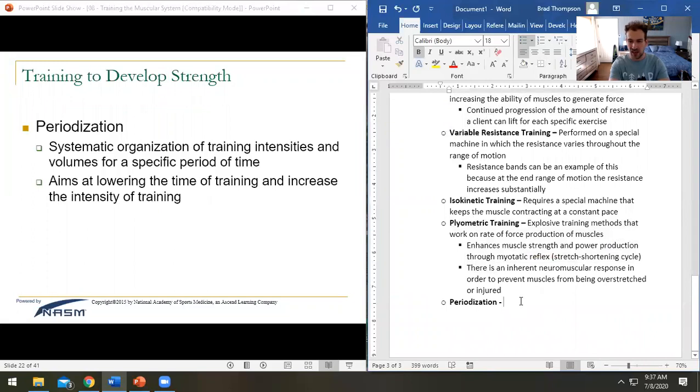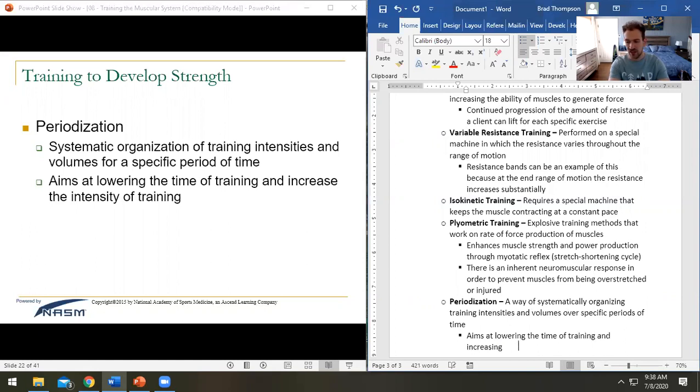So this is a way of systematically organizing training intensities and volumes over specific periods of time, right? So it aims at lowering the time of training and increasing the intensity of training.